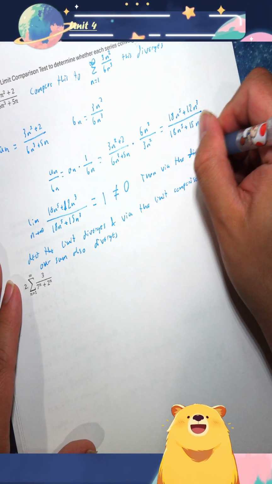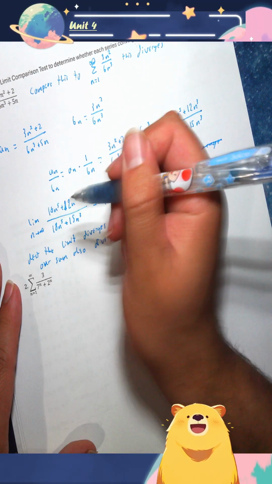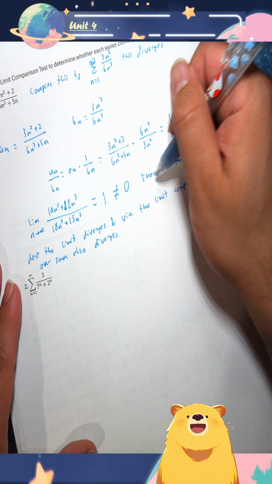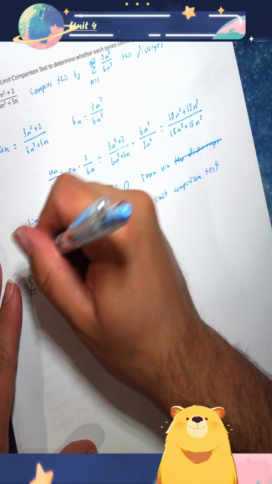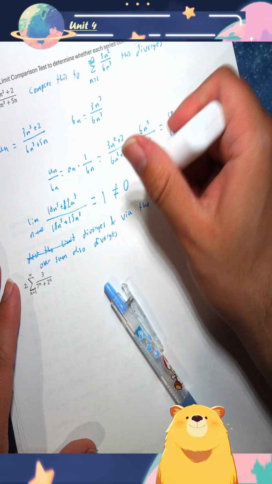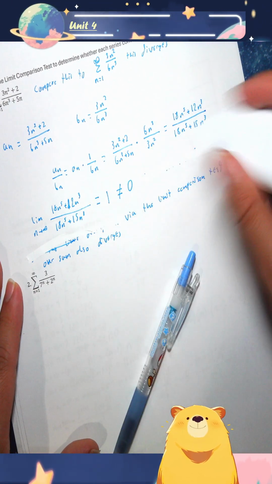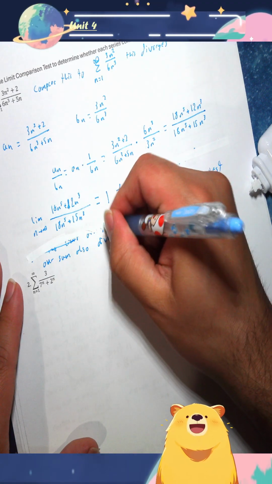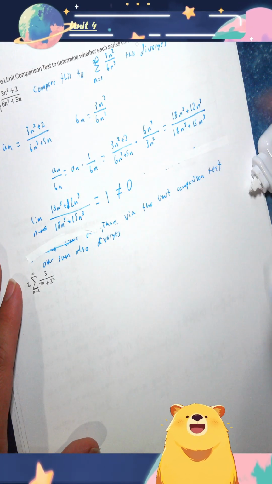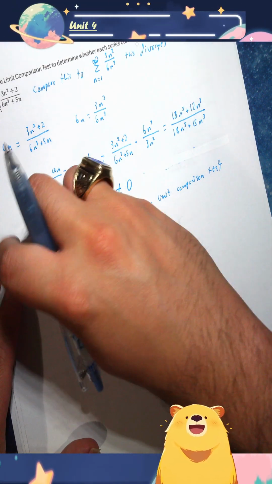I don't know why I brought up the divergence test, because when I said that, I was like, wait, we're not even doing a sum. So really, I should just write it out, because in reality, it's just the limit comparison test because our limit is non-zero.